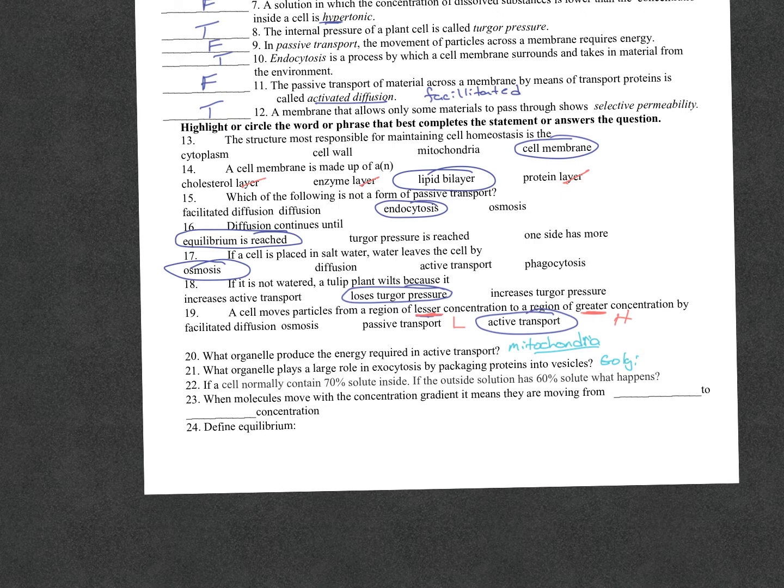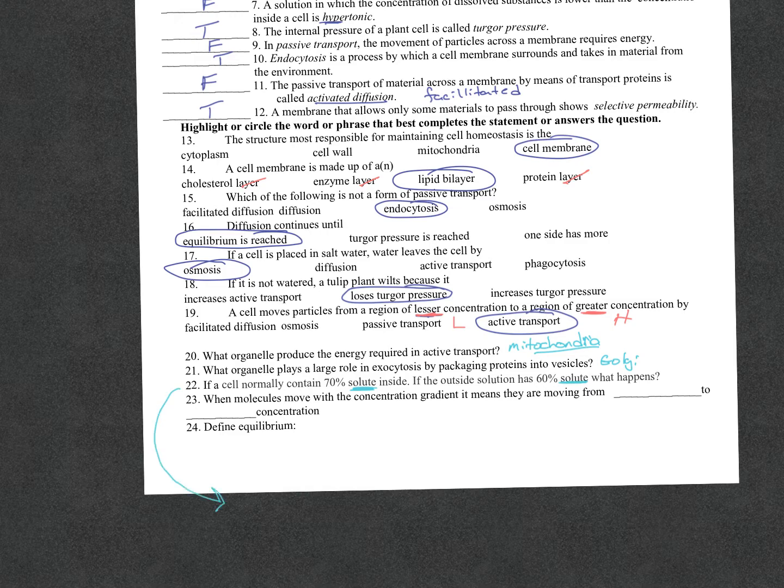If a cell normally contains 70% solute inside, and the outside has 60% solute, what happens? All right, so now this depends, as we discussed in the past. This is one of those that depends. This is kind of the simple answer they want: is the solute permeable to the membrane or not?